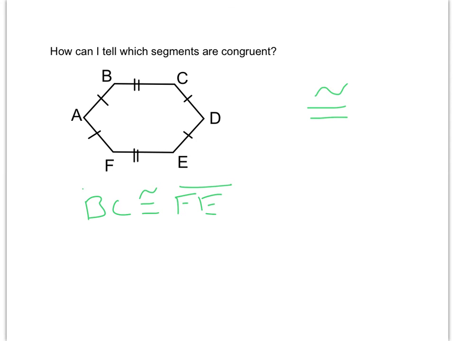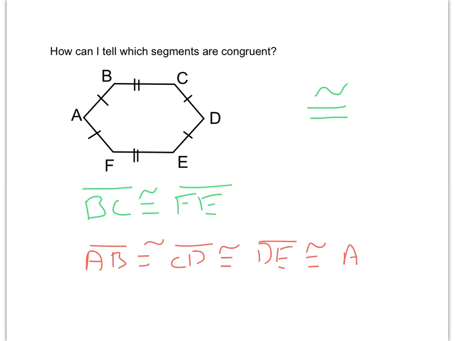And segments are congruent, so I need to put my symbol up above. Likewise, I can see that AB is congruent to CD, and it's congruent to ED and AF. So all four of these segments are equal. So I can now write, I'll do this in red, AB is congruent to CD, is congruent to DE, which is congruent to AF. All four of those segments are congruent, same size, equal to each other.